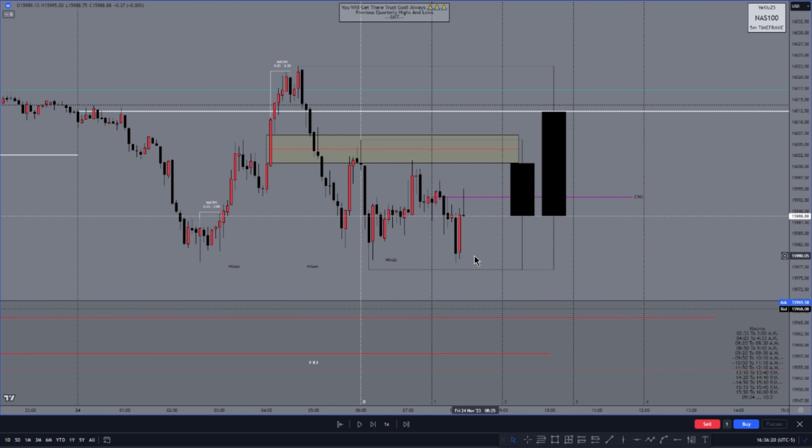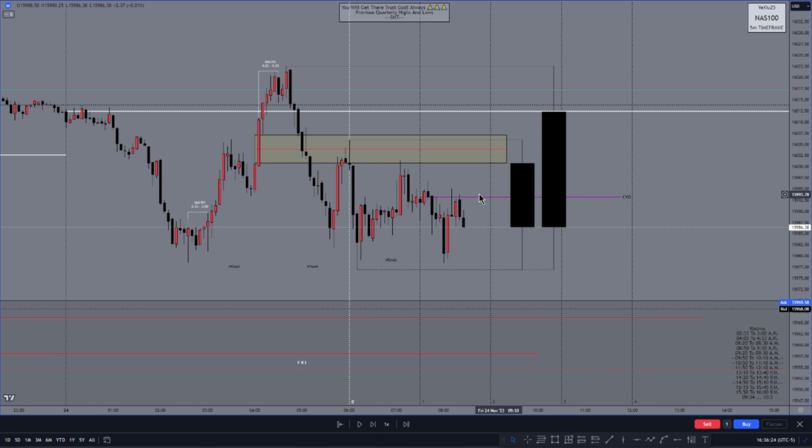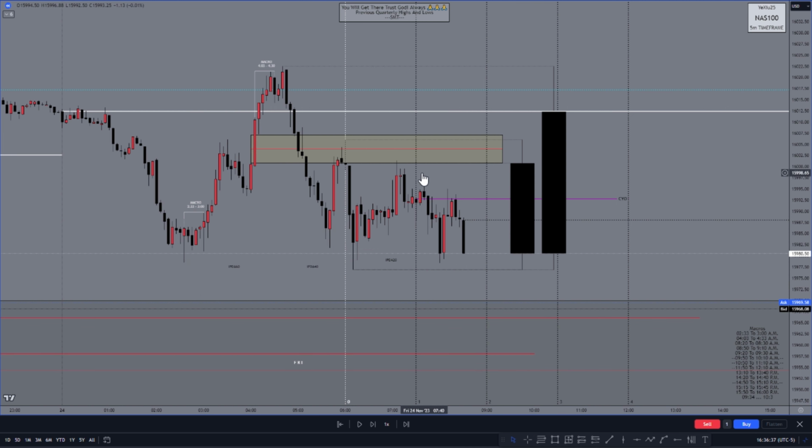Okay, so we wait. Look how price respects the true opening right here, 7:30. But let me wait, let me adjust here, right there. Now it's right, as you can see. But we wait because of liquidity and a PD array in premium.